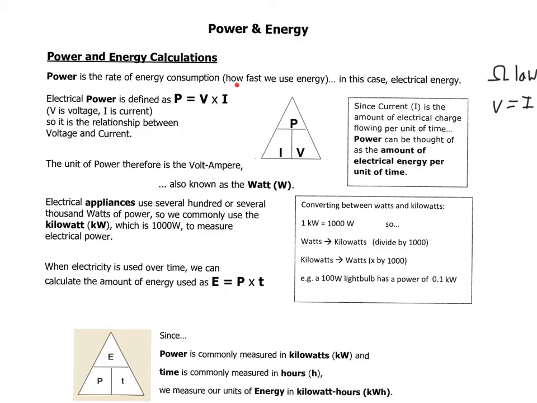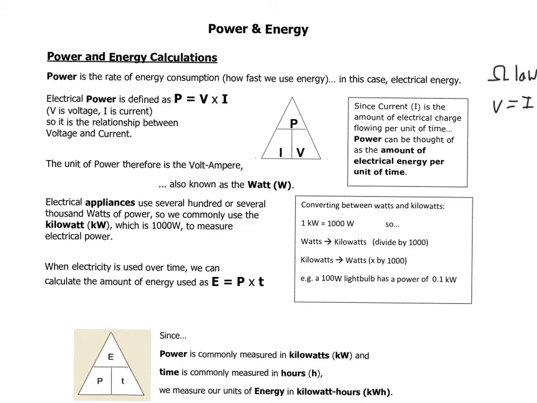And so it's how fast we use the energy, while current is the flow of the electrons, and voltage is the potential energy within a circuit. So it makes sense that power is how fast we're using that energy.